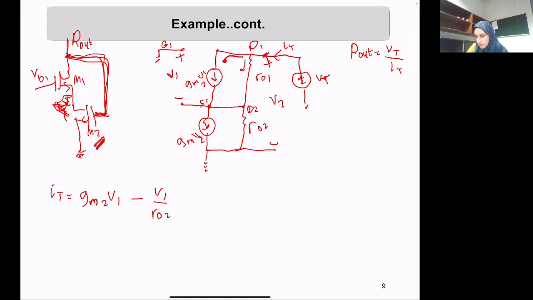So 1 second, GM2. Yeah, why is this? Can anybody tell? And this is 1 second, I'll tell you. GM1 equals times V1 plus.